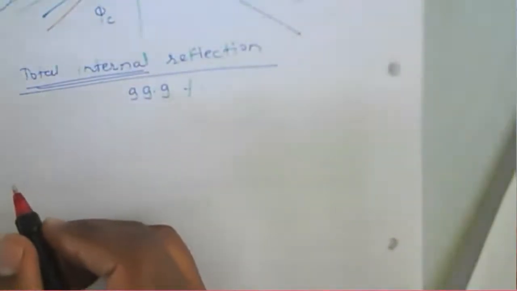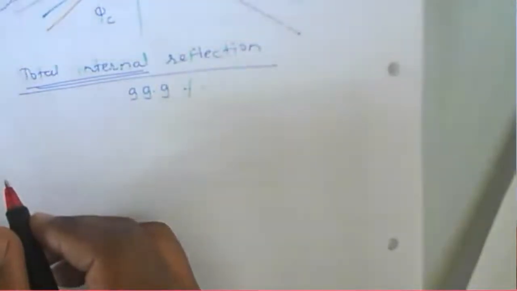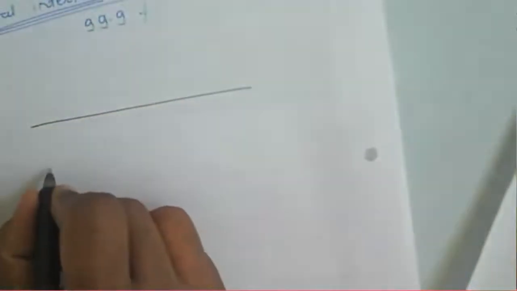That's why total internal reflection occurs. We always consider that light is propagating through a given medium. If it has a sufficient angle of incidence, then your light will keep propagating through the medium.